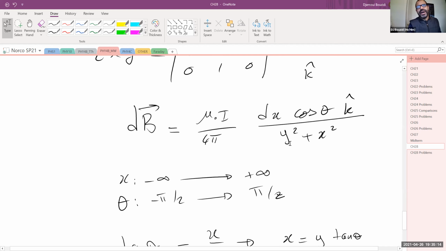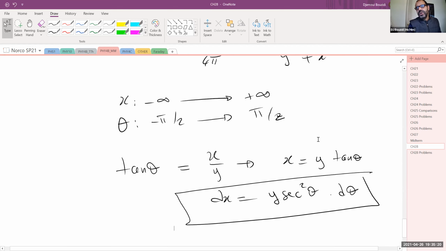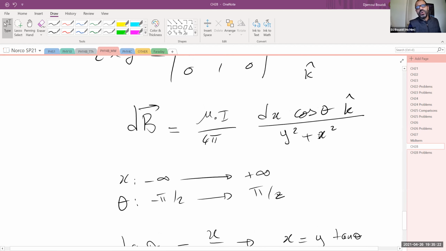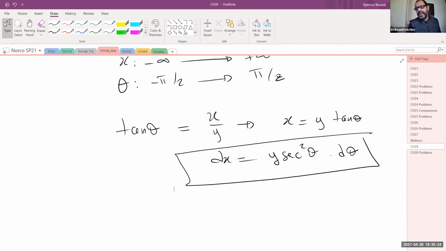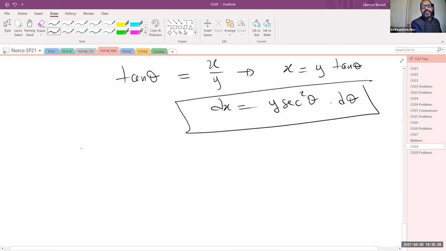So we're going to plug this expression in here for dx. We're going to pull a y squared out of the denominator to get rid of this x, or just sub the value of x, which is y tangent theta. So it's going to be y squared plus y squared tangent theta squared. So the dB now is going to look like this: first of all, I have mu naught I over 4 pi times dx. dx is y secant squared of theta d theta, sorry, not cos squared, secant squared.